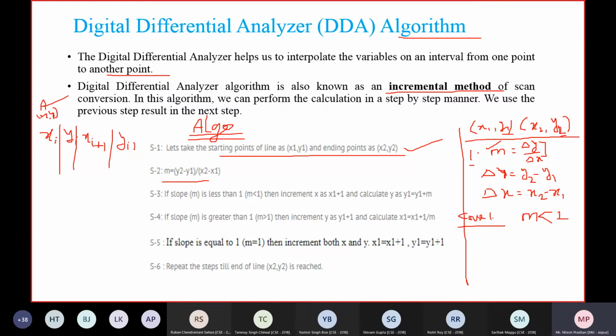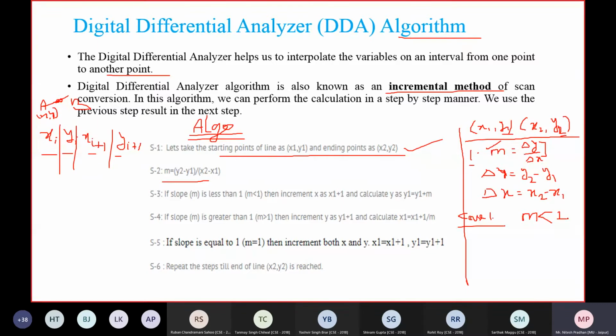That is what the meaning, that you have to find the next coordinates, like A, and this is your B point. So let's suppose there will be one point between these 2 points. If this is xi, yi, this will be xi plus 1, yi plus 1, means the next coordinate of this line, or we can say the next pixel value from where we will pass the line. Okay, so these two values are already given to you. You have to find these two values.